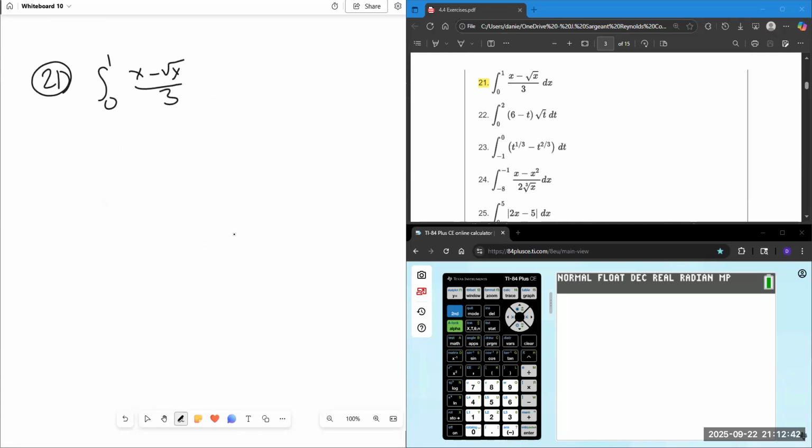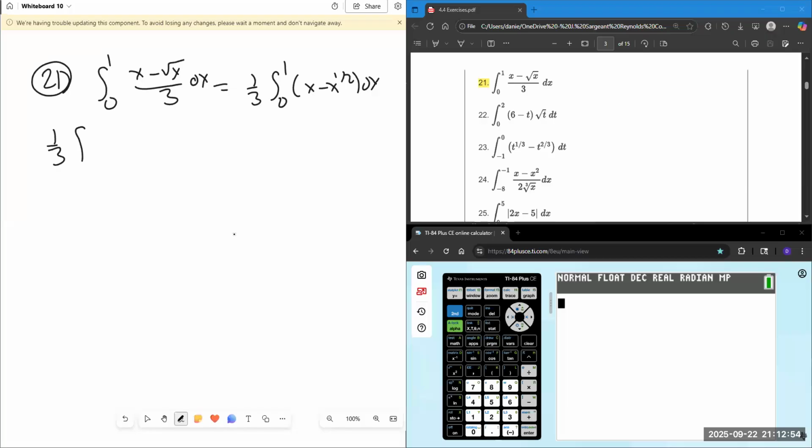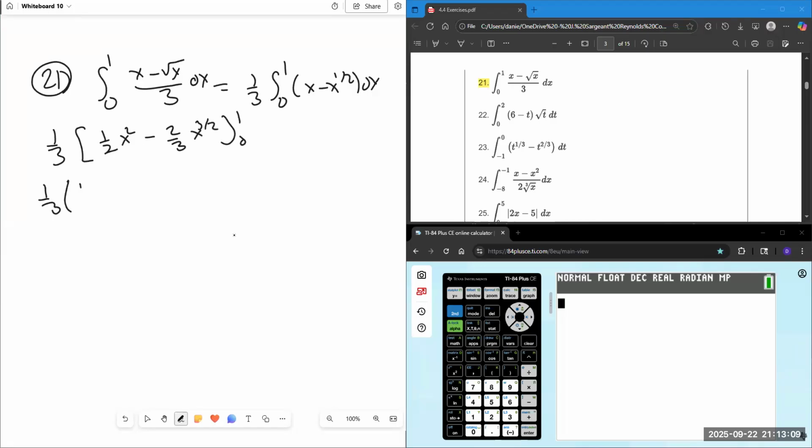So this is 1/3 times the integral from 0 to 1 of x minus x to the 1/2 dx. 1/3 times 1/2 x squared minus 2/3 x to the 3/2, from 0 to 1. 1/3 of 1/2 minus 2/3 minus 0 minus 0.